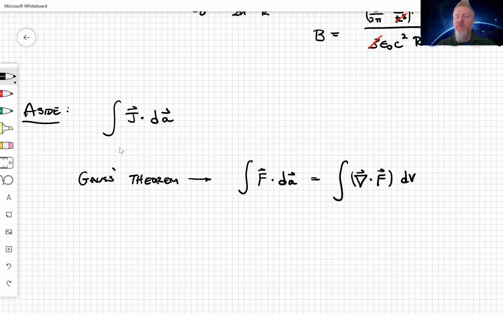But the thing is that you've gone from a surface integral, which you're looking at flux through, so I called that surface S, a surface area, to the volume of the divergence of this thing.